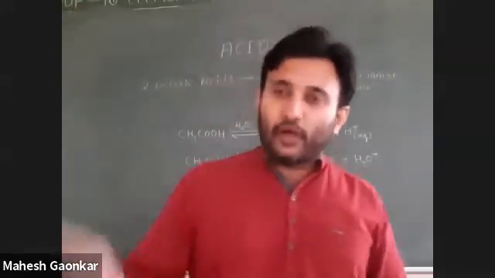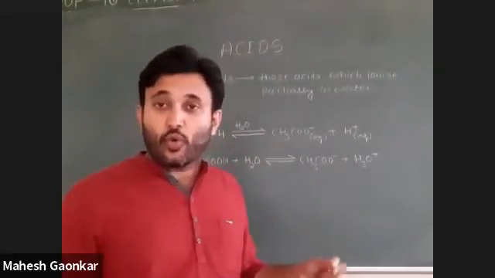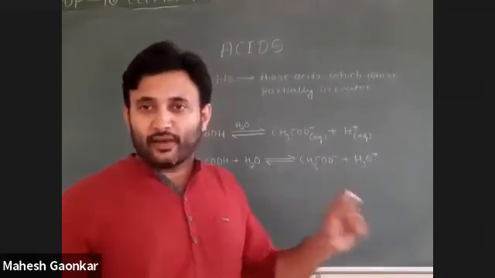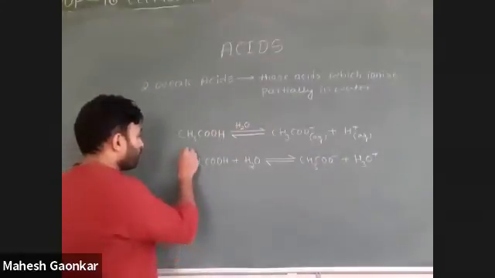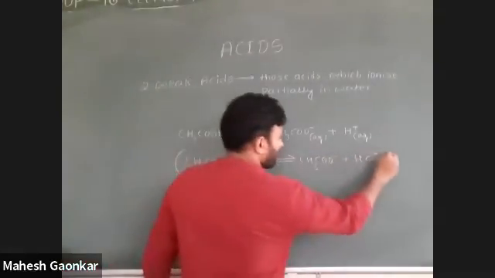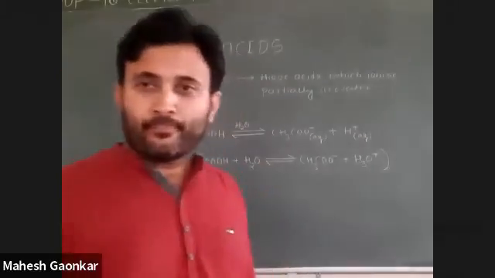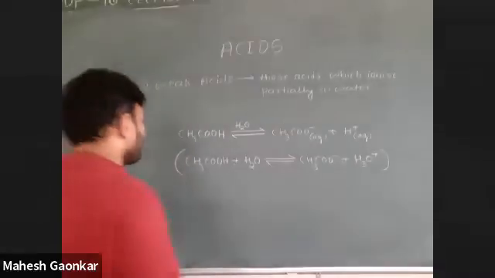There too you can write it like this: HCl plus H2O gives H3O plus plus Cl minus. In both ways we can write it, and writing it either way is not wrong. Got it? Hope that's clear. Yes, sir.